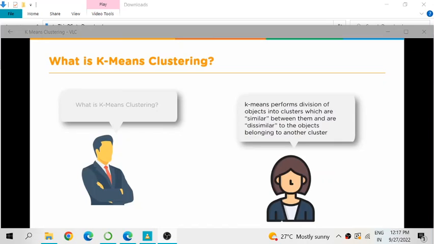Under unsupervised learning, mainly there are two types of algorithms. One is clustering, another one is association. But coming to the working procedure, both are very close to each other. In clustering also we are going to make groups, in association also we are going to make groups, but the reason for making the groups makes the difference between these two algorithms.